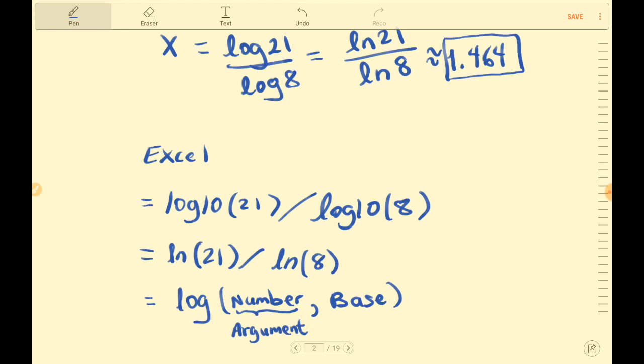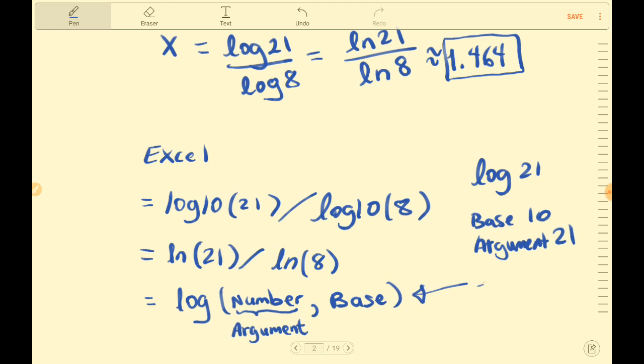So in other words, if you have a log, say log 21, then the base is 10, the argument is 21. So to evaluate that with Excel using this function that does not require the change of base formula, you would do equals log, and then you'd put in the argument first and then the base.